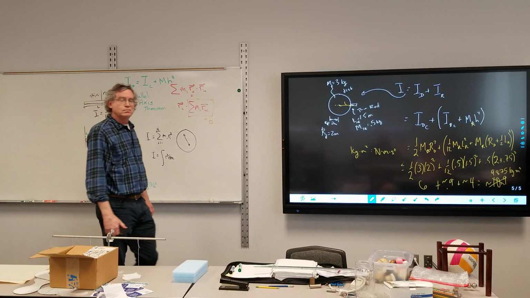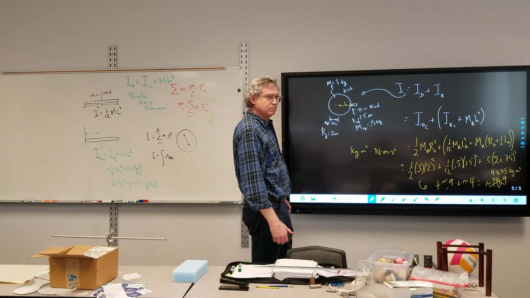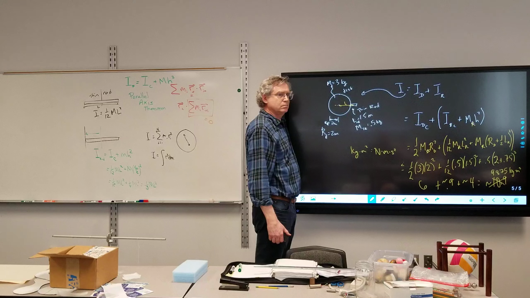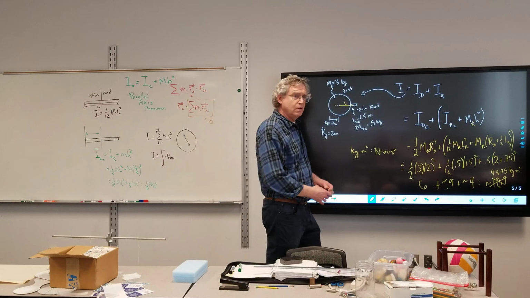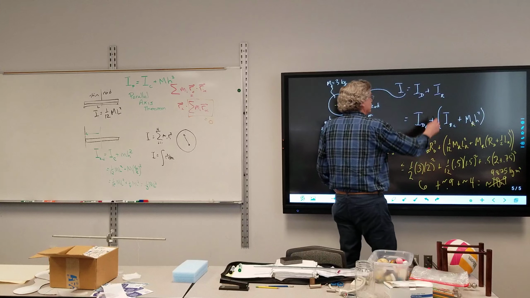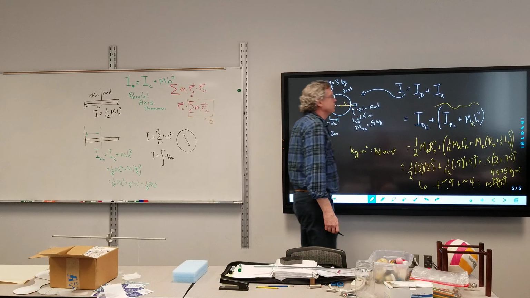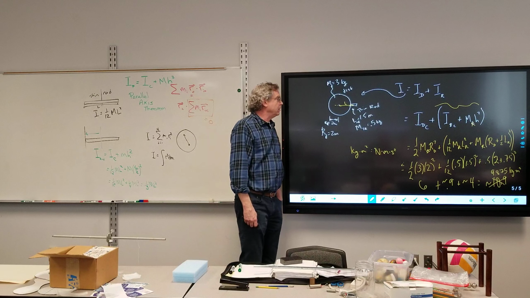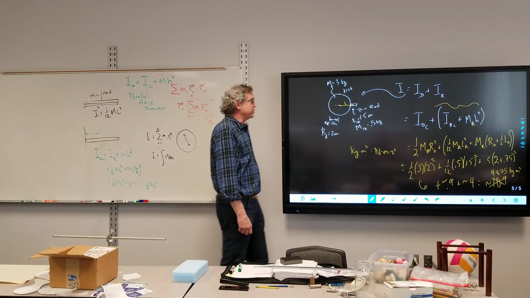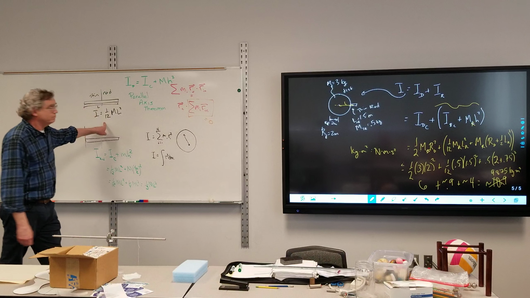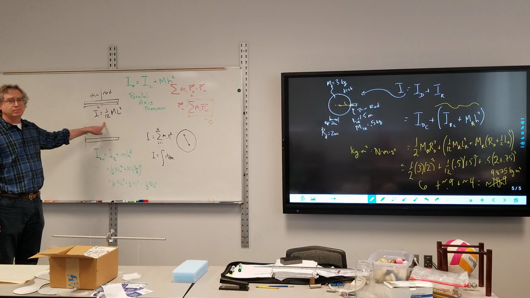Can you explain the I of the rod thing? All right, I want to find the moment of inertia of the rod. I know what the moment of inertia is about its central axis.